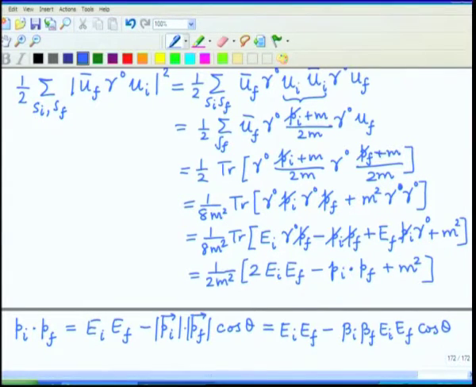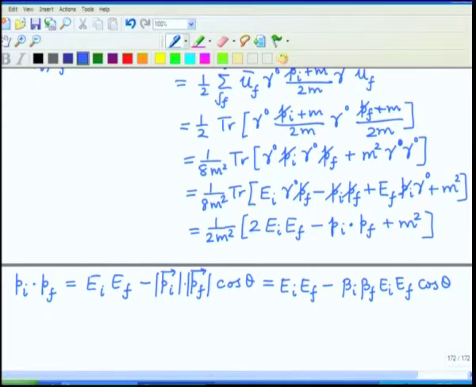Now, this can be further simplified by noting that the process which we are using is an elastic process, so the initial and final energies are identical. So, E_i is equal to E_f, beta_i is equal to beta_f, and the whole structure then simplifies further, and one now has a simple looking form for the whole cross section.